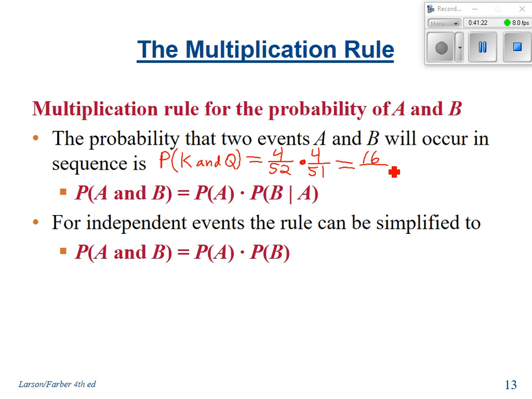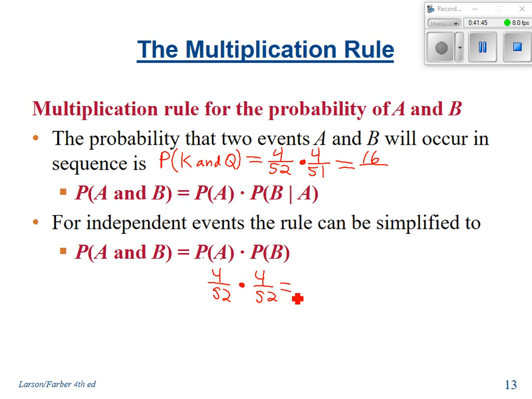If the two events are independent of each other, so if we were replacing the card, what's the probability of getting a king? Still 4 out of 52. If we replace the card, what's the probability of getting a queen? 4 out of 52, and we multiply those two together to get the total.